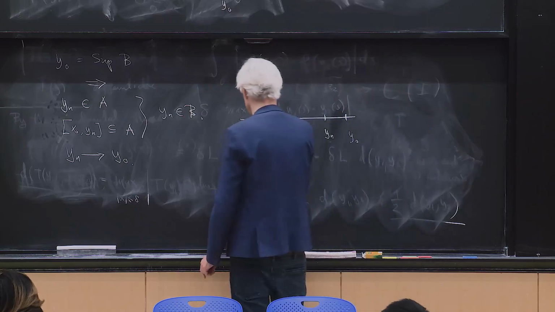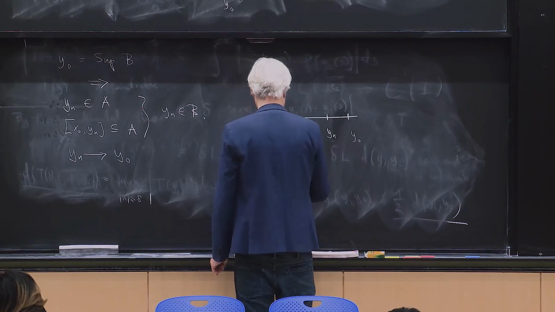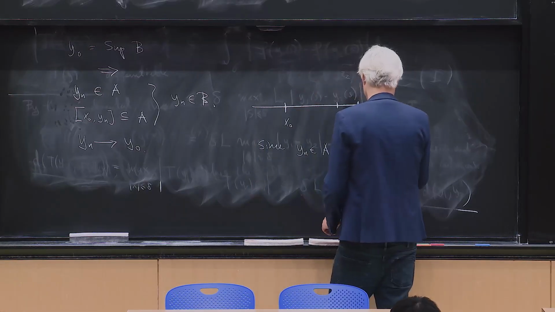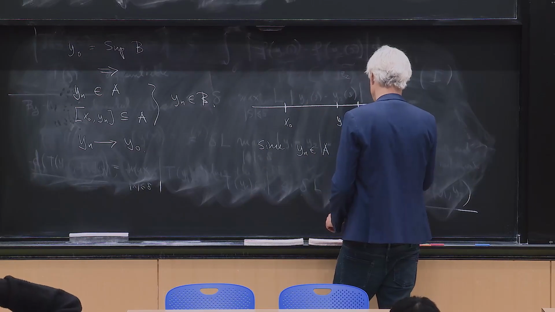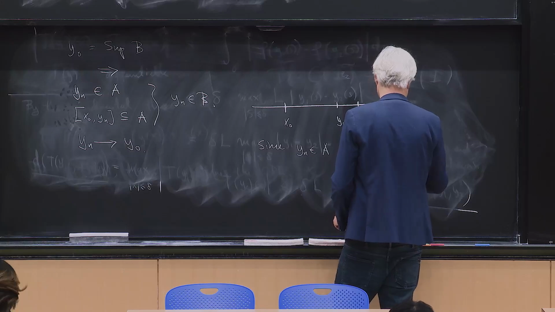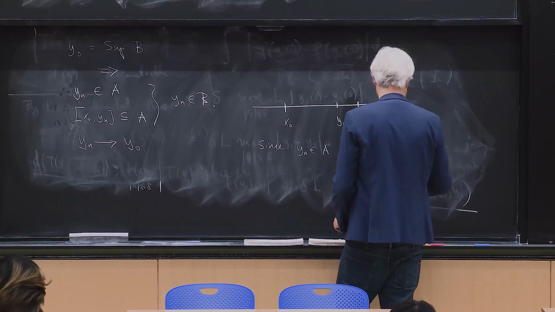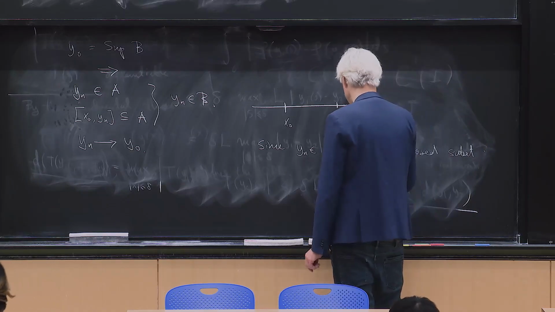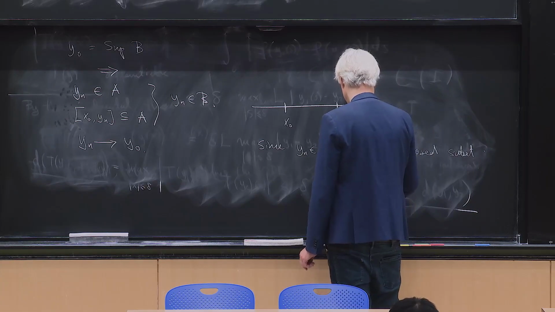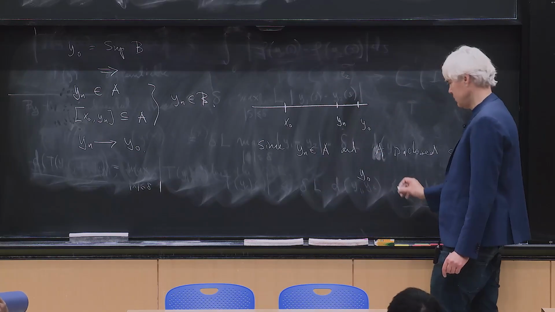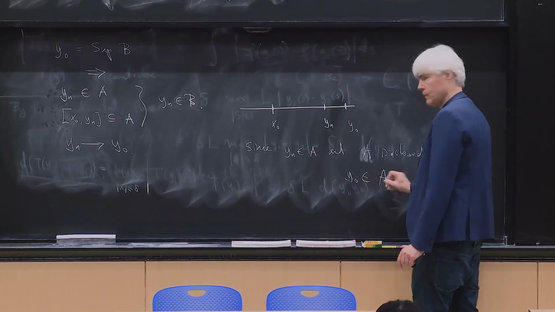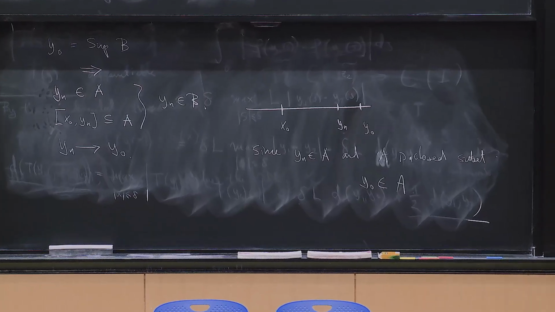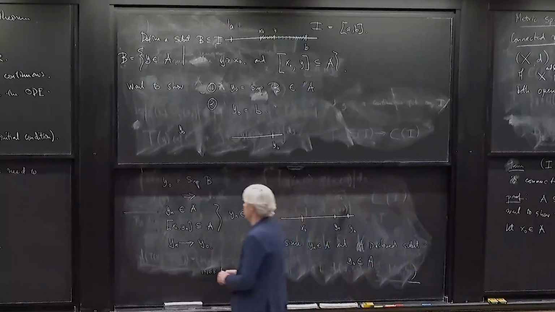Since yn is in A, and A is a closed subset, this means that the limit y0 must also be in A, right? Okay, so we have proven the first property, right?